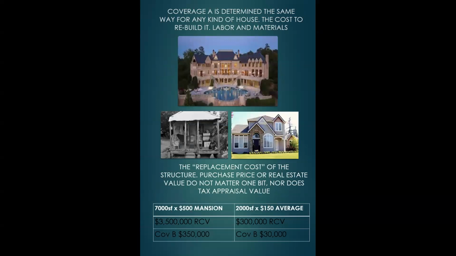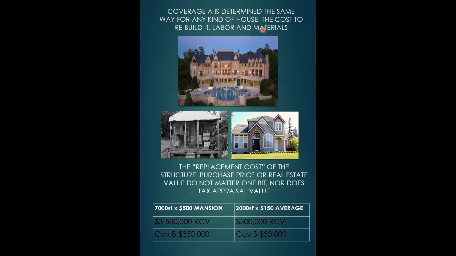Coverage A is intended to give you enough money to rebuild your house from the slab up if it burns down in a fire or blows away in a tornado. Total and catastrophic loss down to the slab. If that happens, what would it cost to rebuild it? What would it take? Labor, materials, permitting, and design.